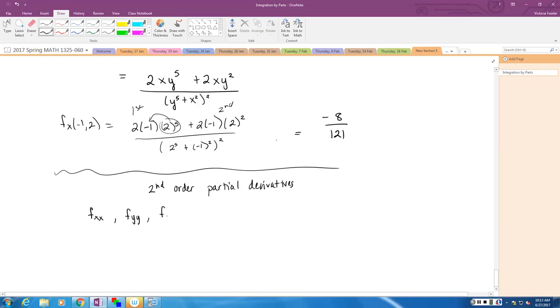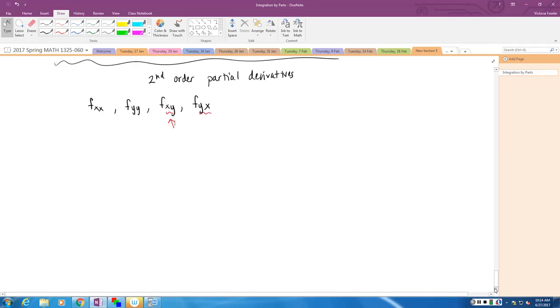I could take the partial derivative with respect to x and then to y. So now I've got the subscript xy. Or I can write it as take the partial derivative of f with respect to y, and then x. So it's like taking a second derivative, and the only thing that you really need to note is like these last two, you read it from left to right. So let me scroll up because there's a few people that can't see back here.